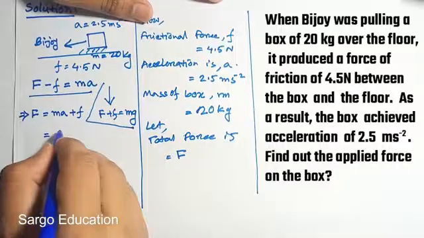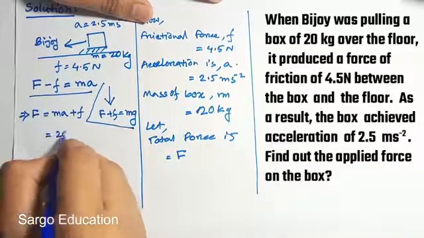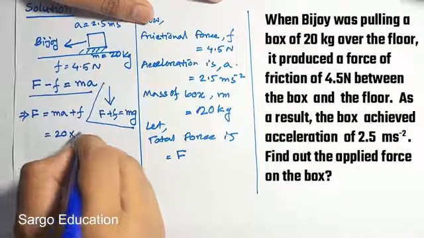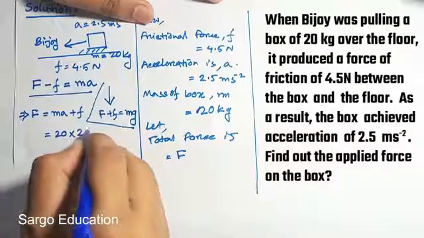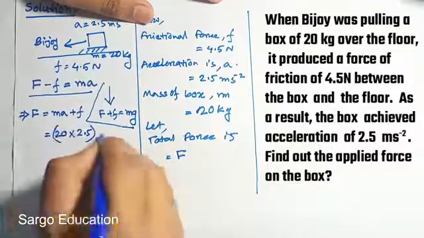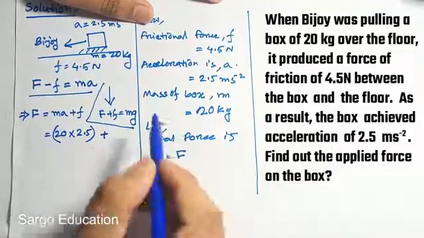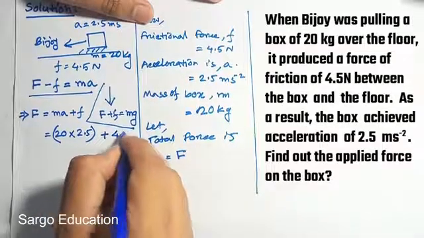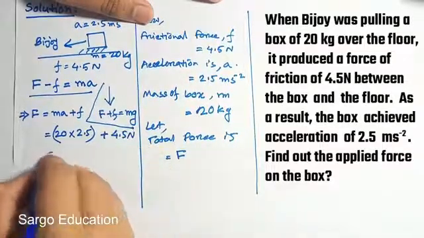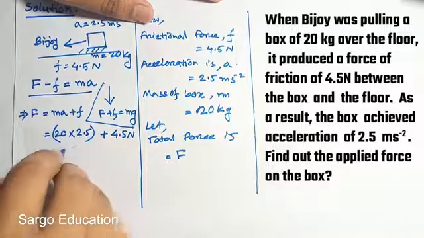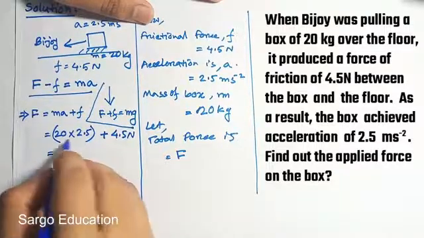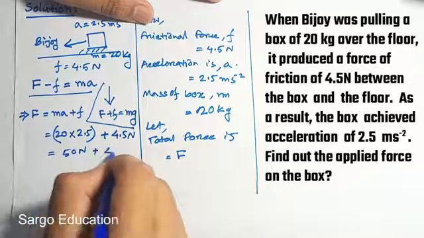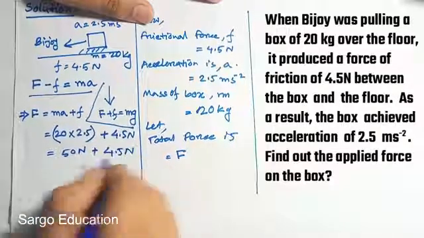Now here m is 20 kg, so we write 20 into acceleration 2.5, and small f, that is frictional force, is 4.5 Newton. After multiplying, 20 into 2.5 is 50 Newton, plus 4.5 Newton.